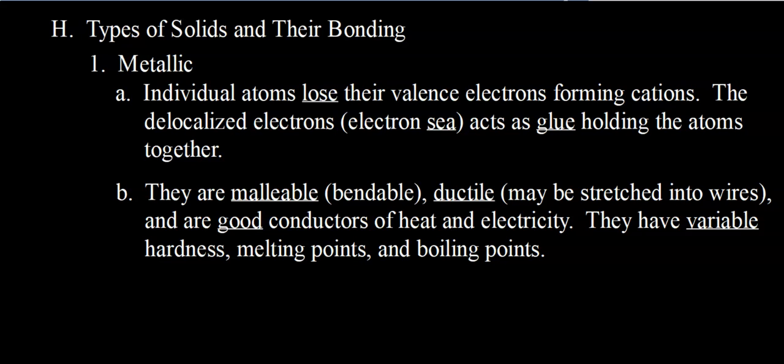Compare that to the melting point of mercury, which is nearly negative 40 Celsius. So we have a big range of melting points. We also have a big range of hardnesses and boiling points. Iron is a very hard metal. Contrast that with sodium. Sodium is soft enough to cut with a knife. So we get variable properties for metallic solids.